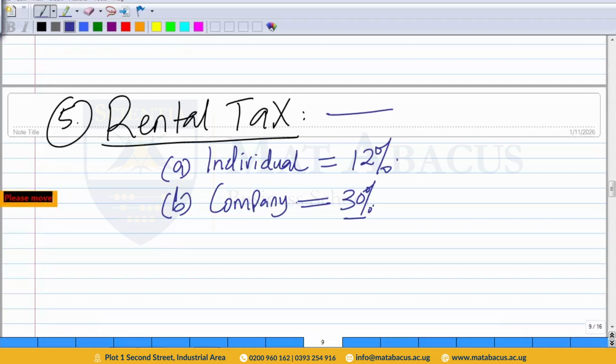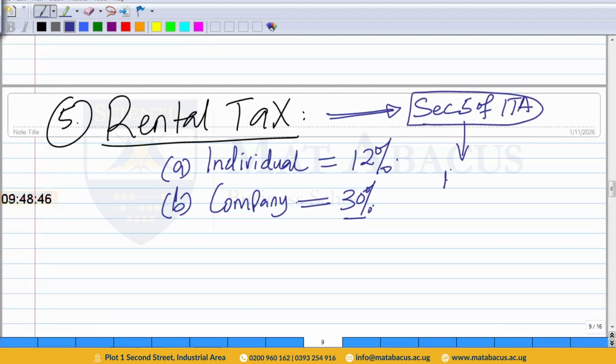And we shall also see that rental tax is charged under Section 5 of the Income Tax Act, as it is taxed separately. Meaning that you cannot aggregate it with other incomes under business income. You tax it separately.